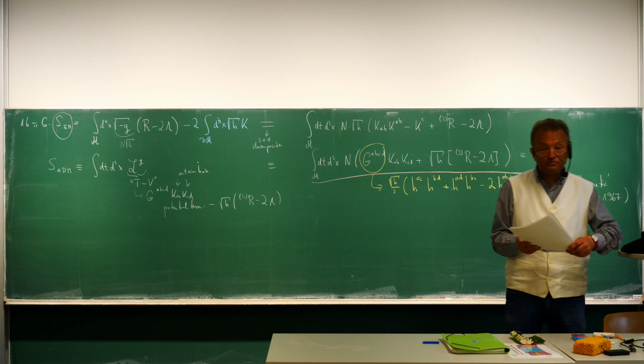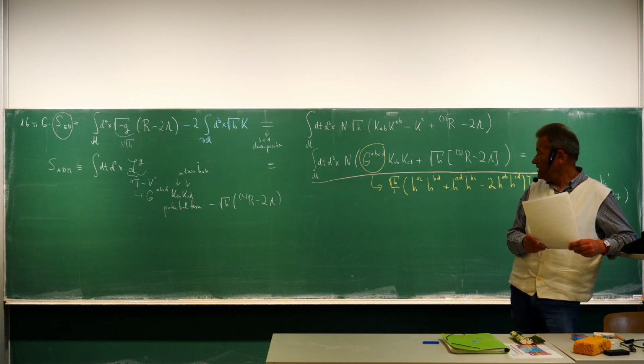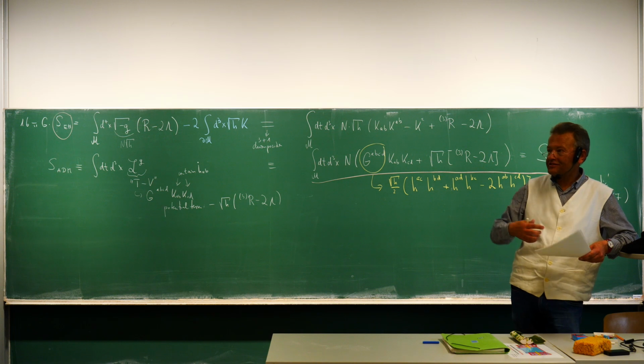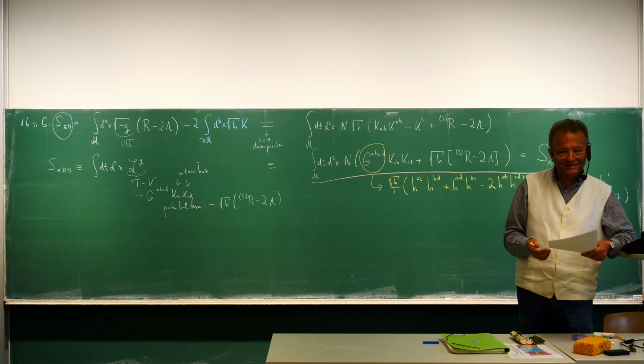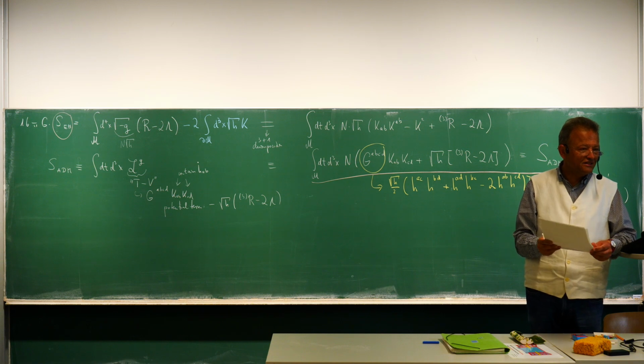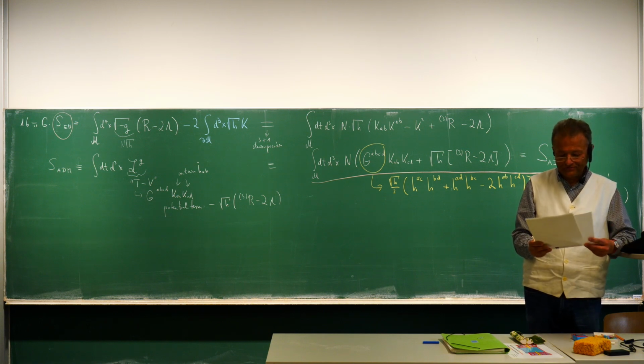And this is the starting point for the canonical formulation and the canonical quantization. So in a sense, this is the preparation that we needed now to really start what we wanted to do.